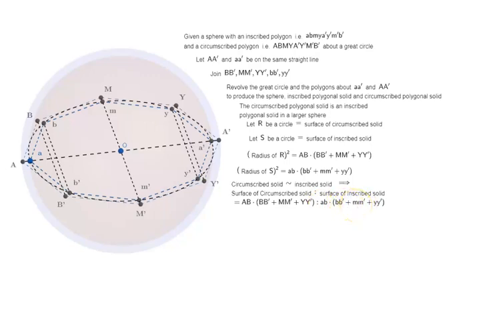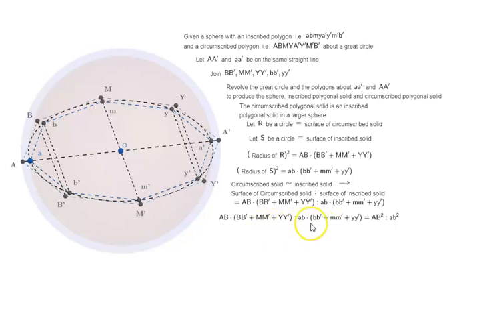And we know that rectangles, or most generally, rectilinear figures are in duplicate ratio of their corresponding sides. So we can say AB times BB' plus MM' plus YY' is to ab times bb' plus mm' plus yy' is equal to AB squared is to ab squared.